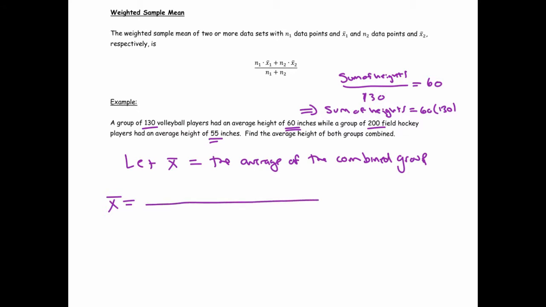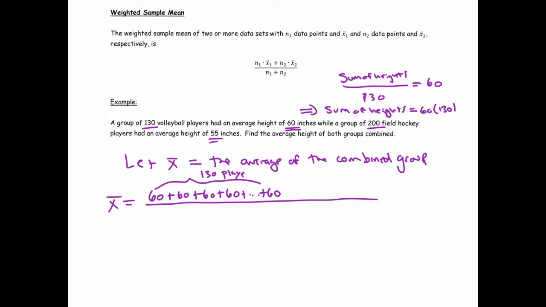So, again, if the 130 volleyball players have an average height of 60 inches, it's like saying, in a rare case, you could imagine that everyone on the team had a height of 60 inches, and there's 130 of these.